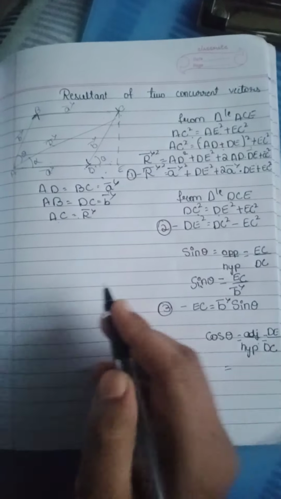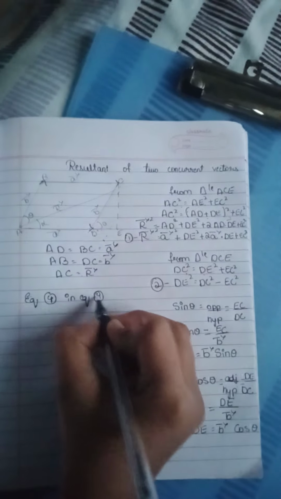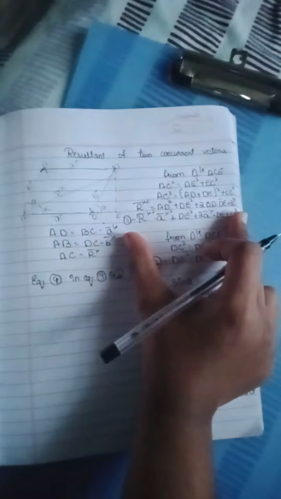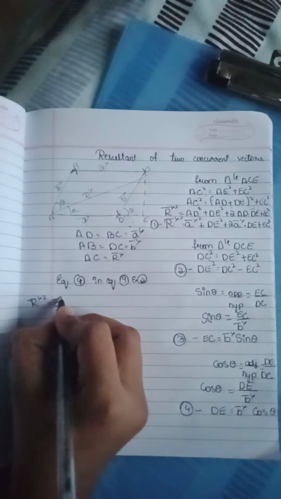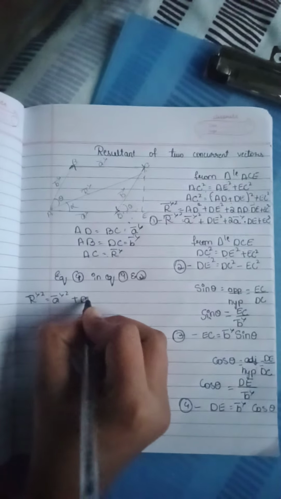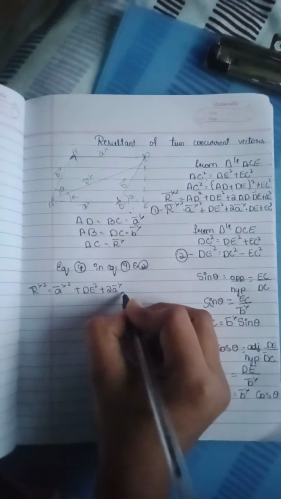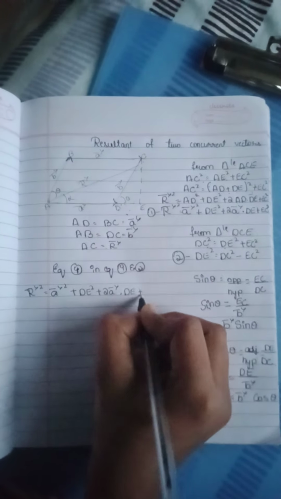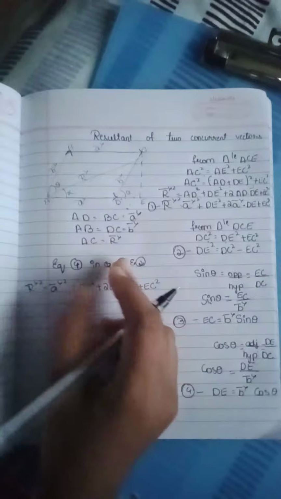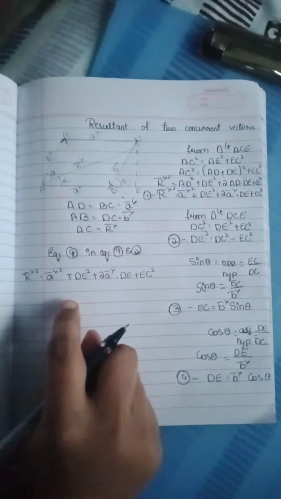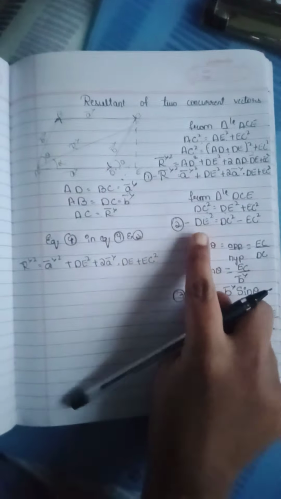First we write equation 1: vector A square plus DE square plus 2 vector A into DE plus EC square.